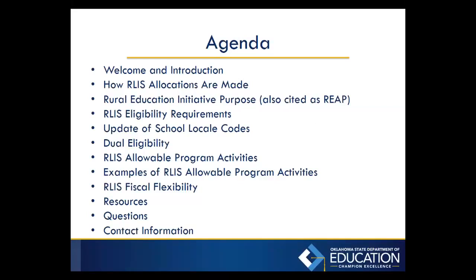Today's webinar will cover how RLIS allocations are made, the purpose of the Rural Education Initiative, also cited as REAP, RLIS eligibility requirements, update of school locale codes and dual eligibility, RLIS allowable program activities, and examples of those RLIS allowable program activities, RLIS fiscal flexibility, as well as resources, and at the end there will be questions.